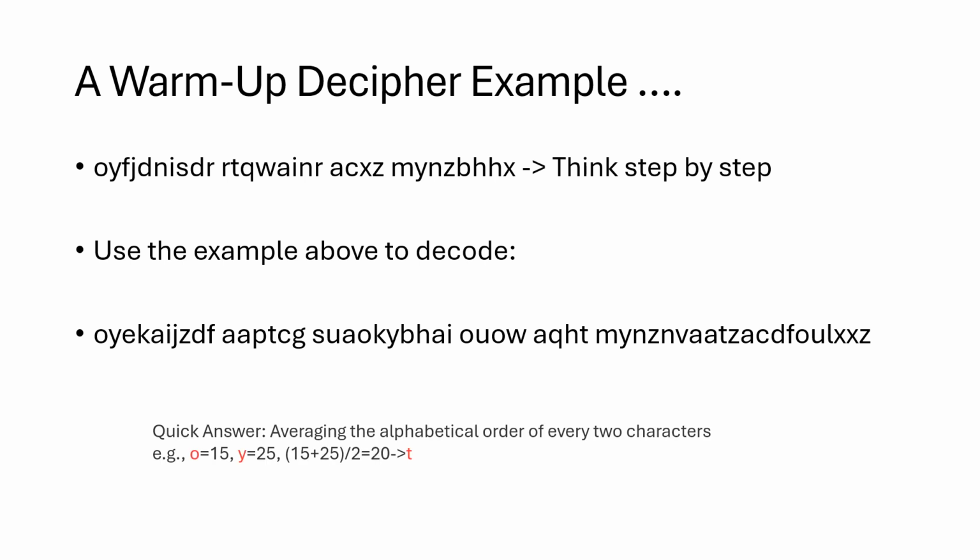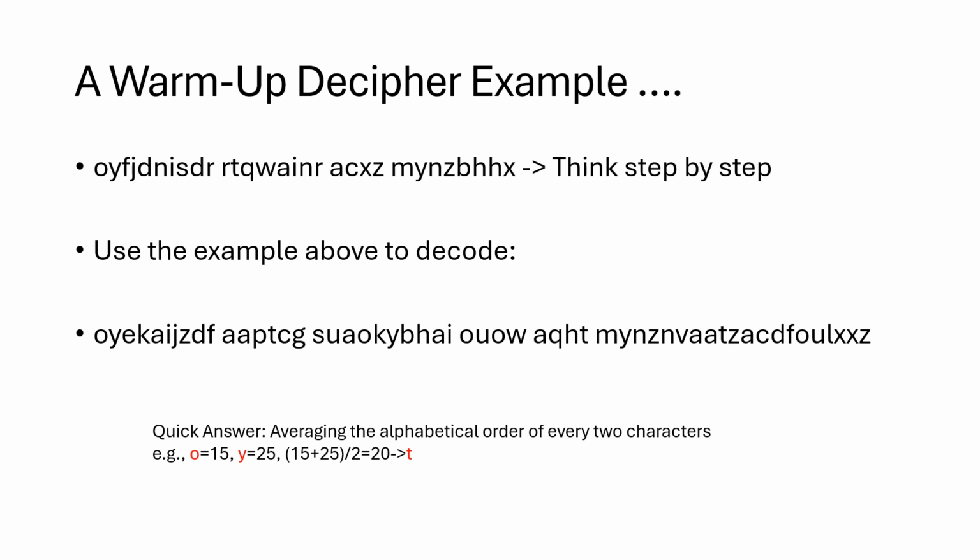To save everyone's time, I will just give the answer. We take the average of every two characters' alphabetical order, and then we get a new number, and we translate it back by finding the corresponding character. Let's take a look at the first line. The first two characters are O and Y. O is the 15th character from A to Z, and Y is the 25th.